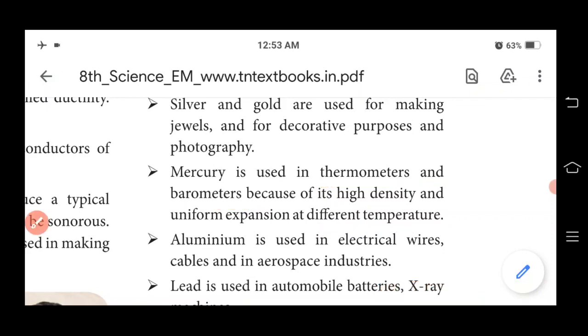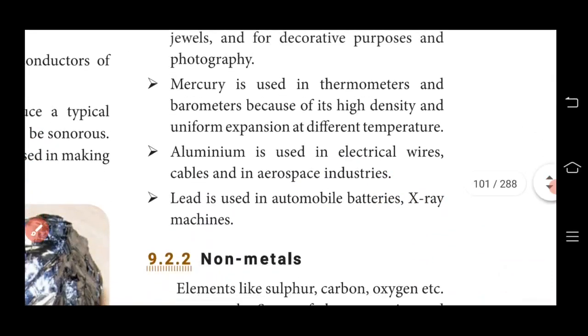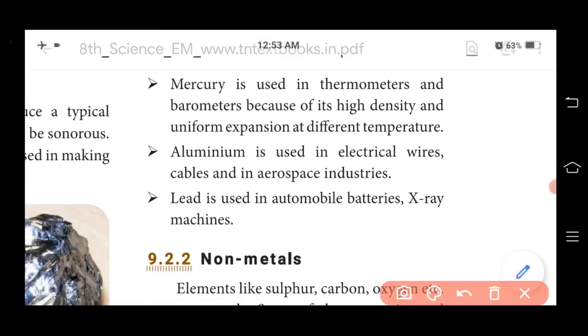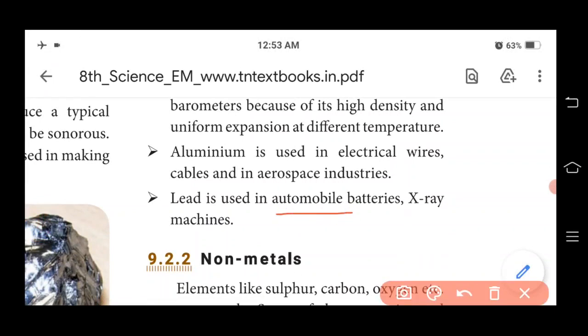And then aluminium is used in electrical wires, cables and in aerospace industries. And then lead is used in automobile batteries and X-ray machines.